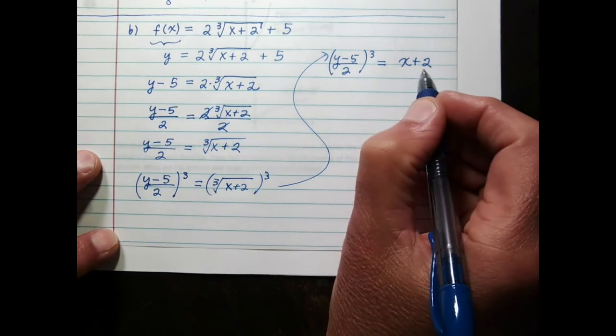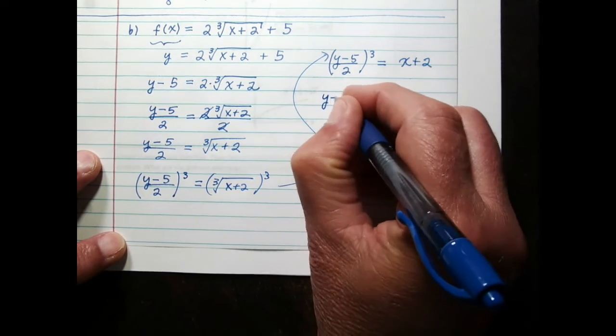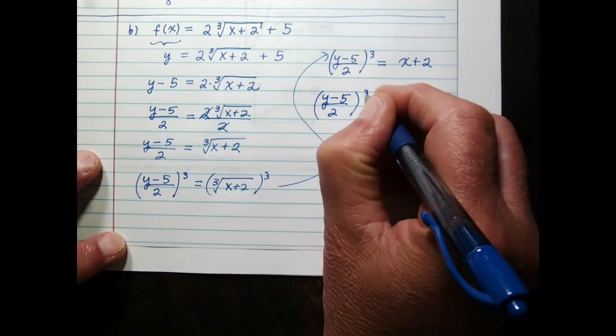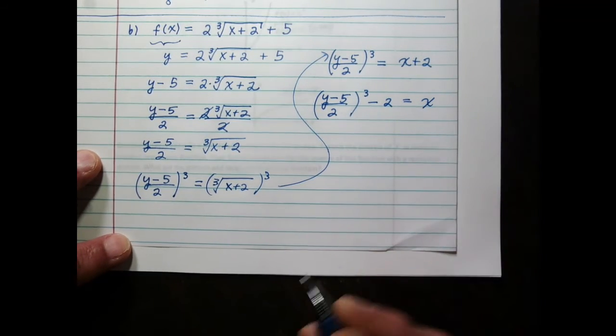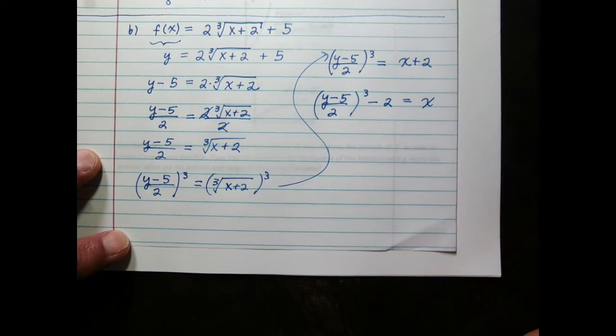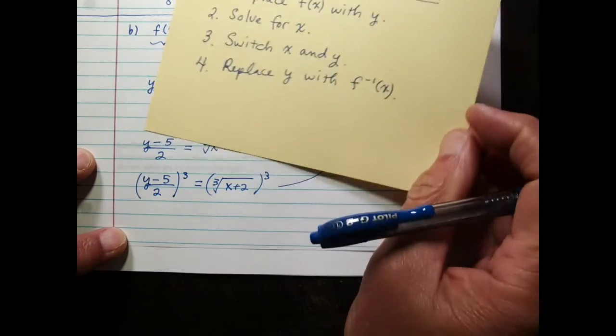Now we're not done yet, right? We still have to subtract that 2 on the right. So y minus 5 over 2, to the 3rd, minus 2 is going to be x. And I have x solved for. So we accomplished our second step.